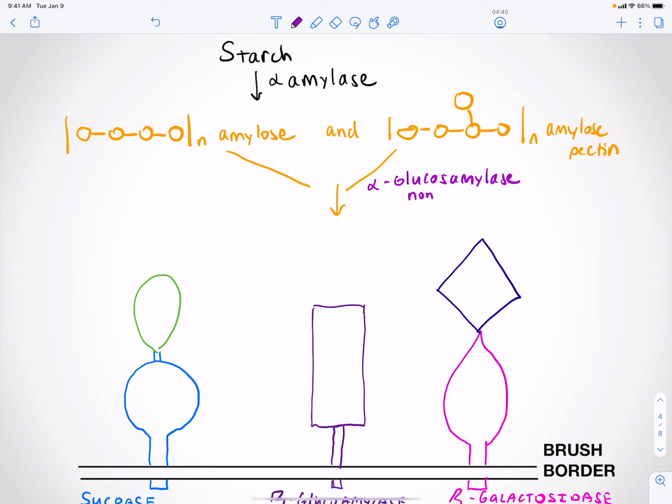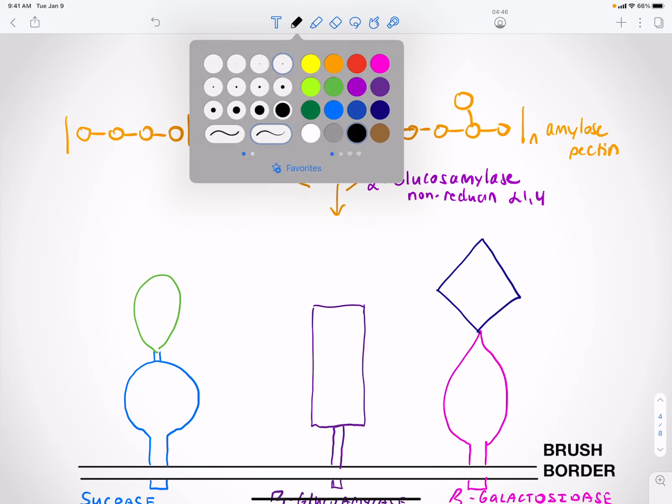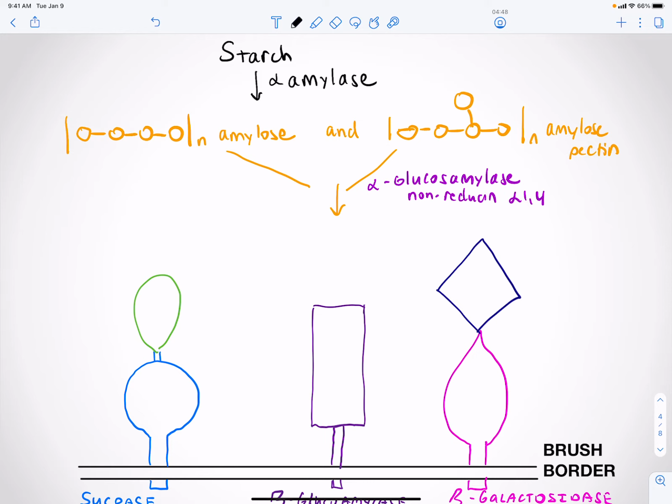Okay, so this is the non-reducing. And remember up here, alpha amylase was going to be on the reducing. And it's an endo, so internal.